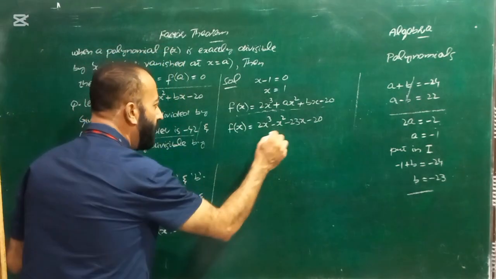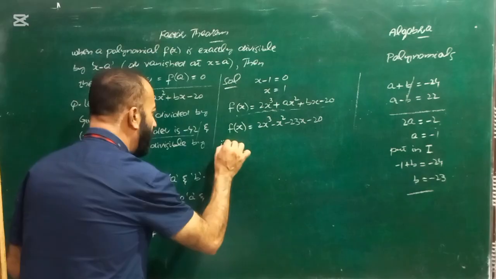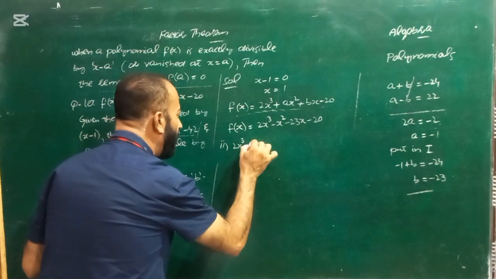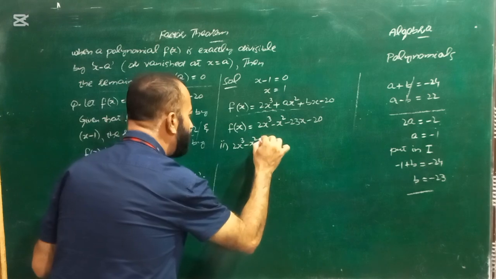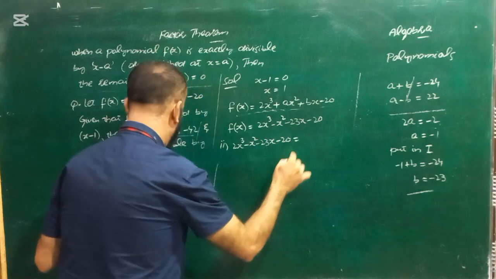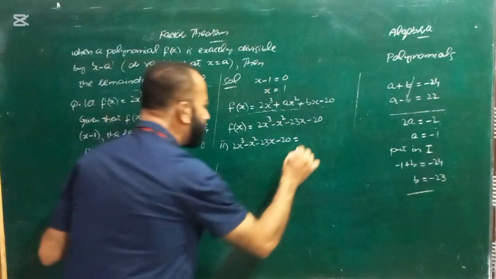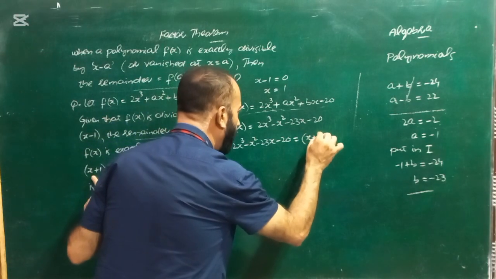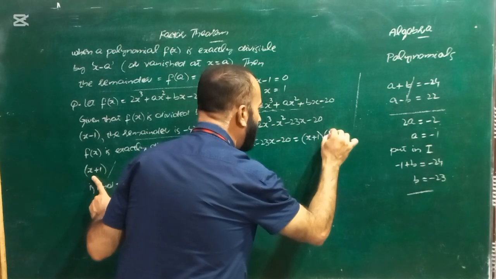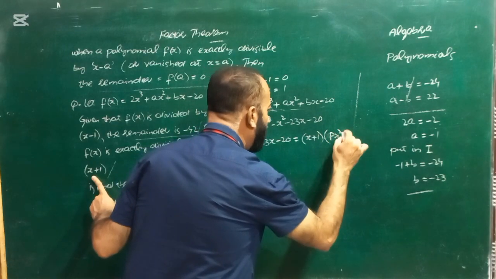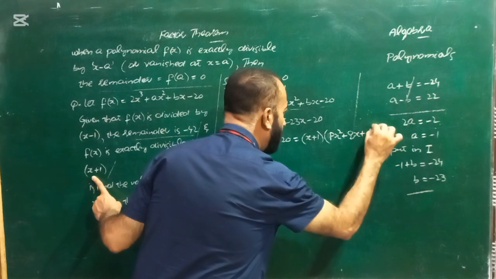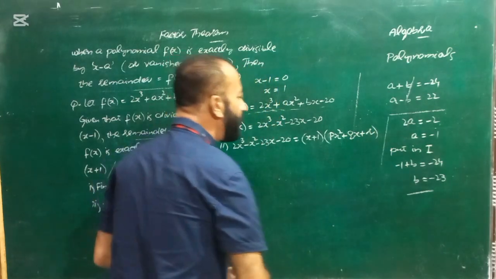So look now, 2x cube minus x square minus 23x minus 20 will be equal to x plus 1 and one quadratic factor. For example, px square plus qx plus r. So this is one quadratic factor.